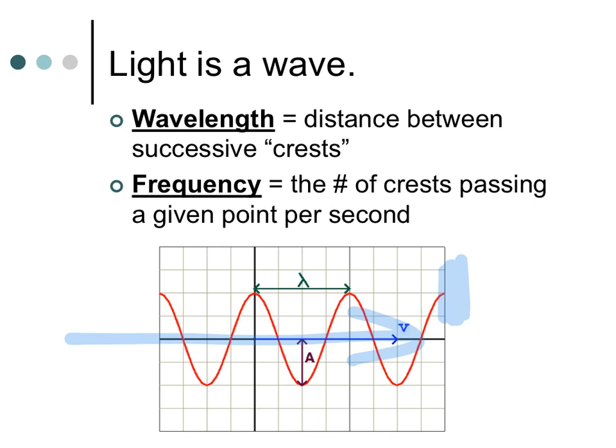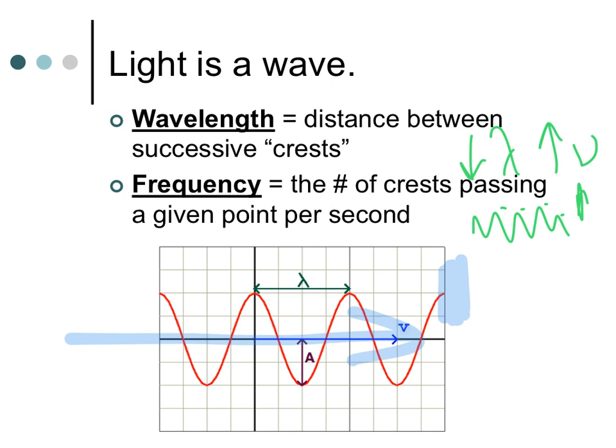Yeah, as the wavelength gets smaller, if I had waves that were closer together, more of those peaks would hit my hand in a given second. So if I had a decreased wavelength, I would have an increased frequency.